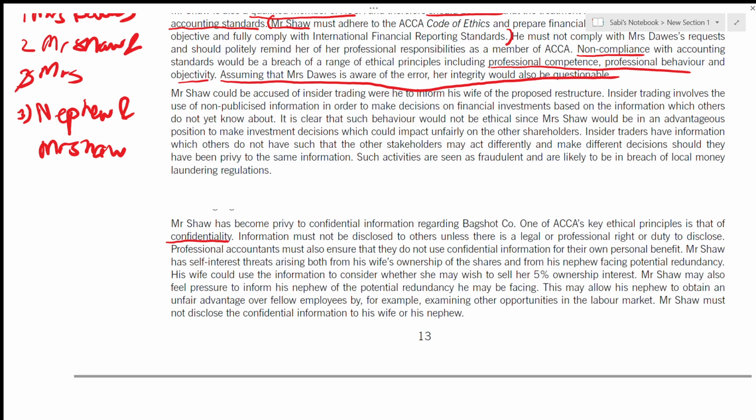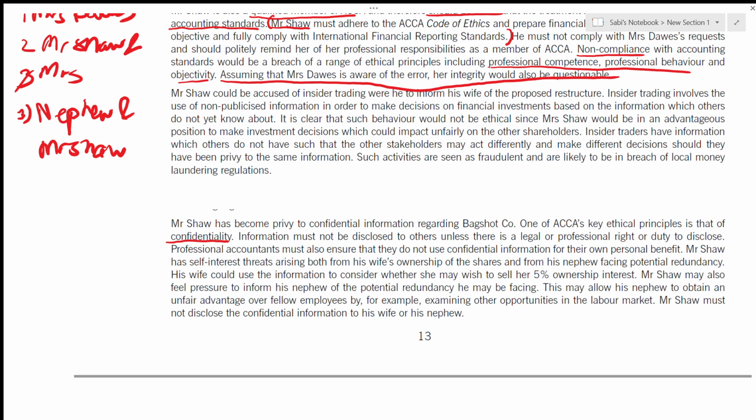Obviously, you will feel that you should tell your wife, and if your friend or your nephew, whoever it is, is going to be sacked, you will feel that pressure to tell him. It's very clear. You cannot say, no, I'll be very ethical, I will not do this. It's very hard in that situation, because it's someone you know, your close ones.